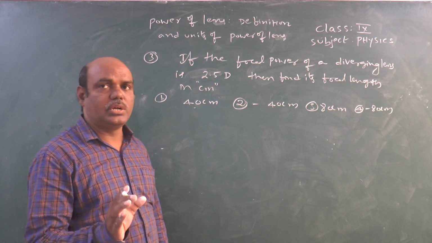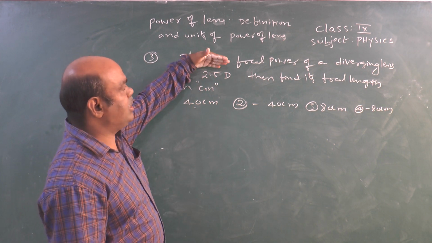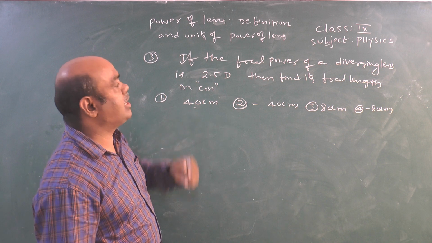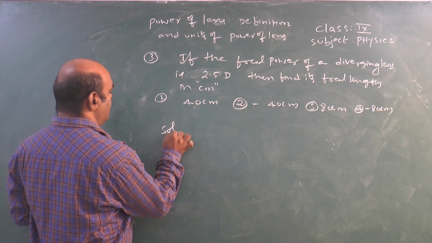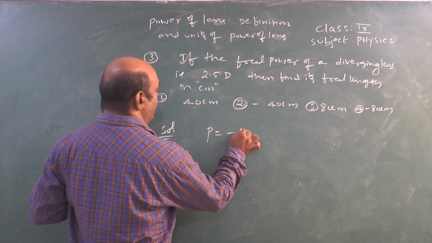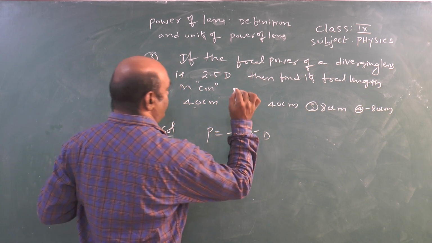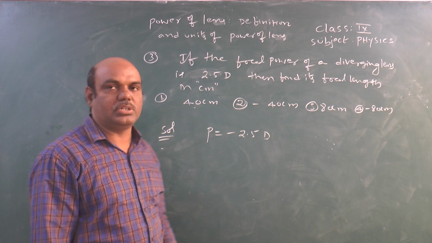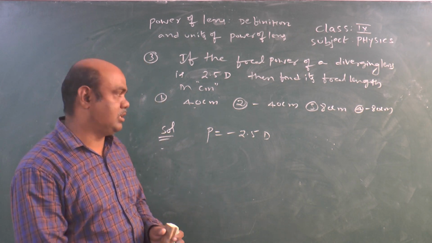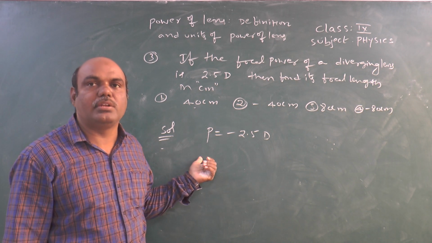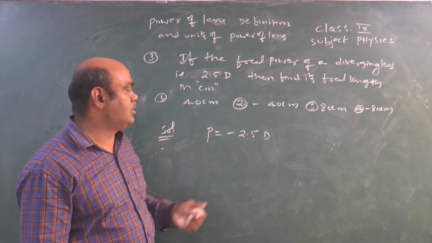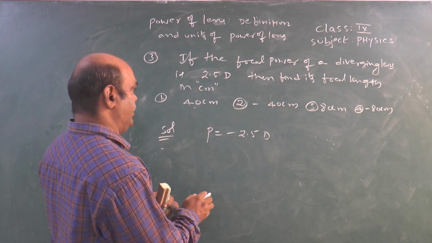First, one point you have to observe here. If the focal power of a diverging lens is 2.5 diopters, we have to take the P value as minus 2.5 diopters. Why? For a diverging lens, focal length is negative and focal power is also negative. So P equal to minus 2.5 diopters.